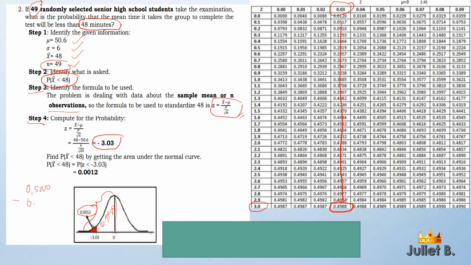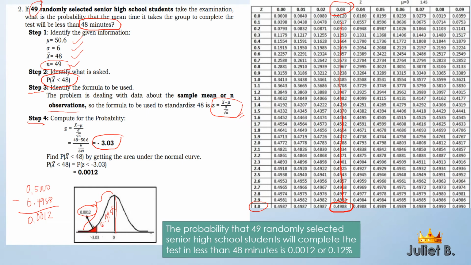So, ima-minus lang natin yung value na nakuha natin sa negative 3.03 na 0.4988. That's why nakuha yung 0.0012. The probability that 49 randomly selected senior high school students will complete the test in less than 48 minutes is 0.0012 or 0.12%.